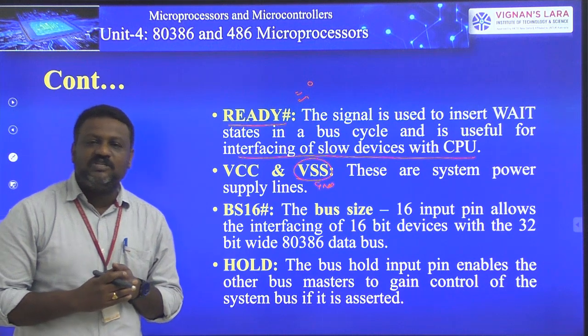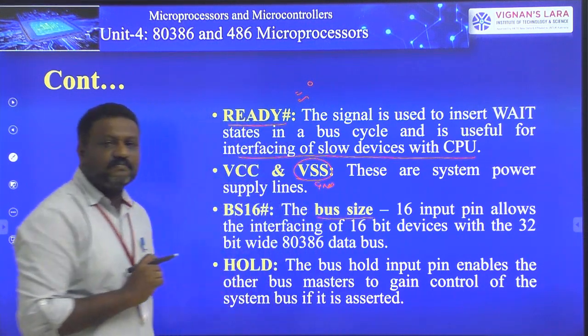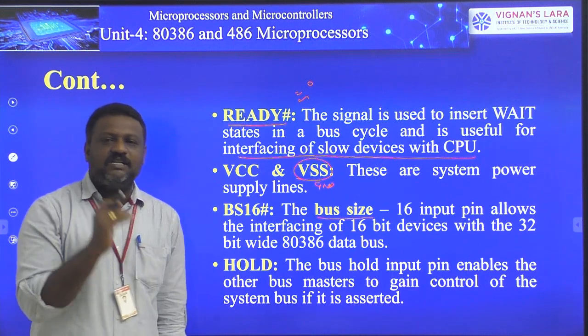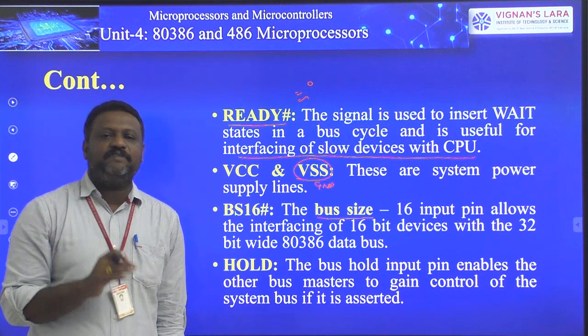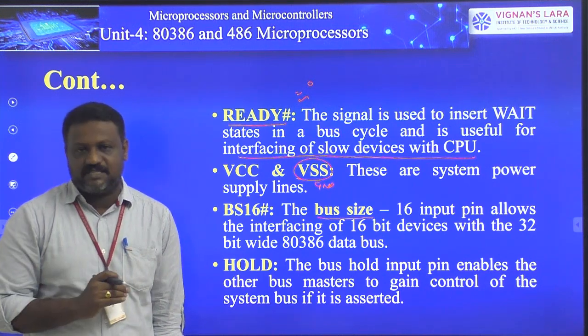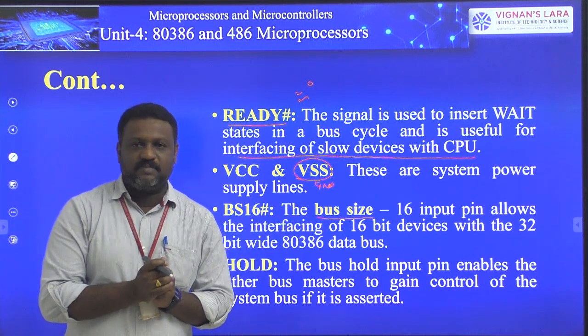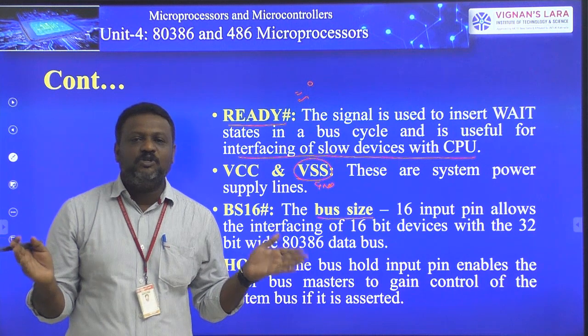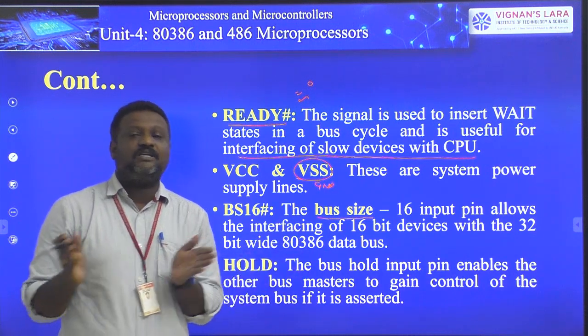Next one is BS16#. This BS is nothing but bus size 16. This particular signal is very helpful to us whenever we want to connect I/O devices which can only transfer or receive 16 bits, but your 80386 has 32 data lines. On that occasion, I need not use all 32 data lines for a data transaction between the processor and I/O.